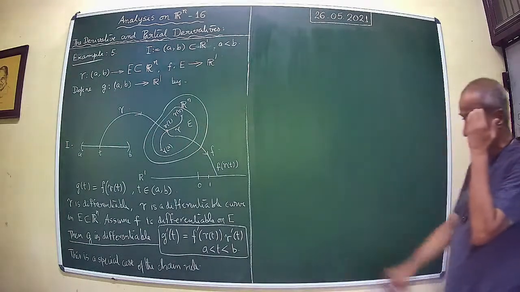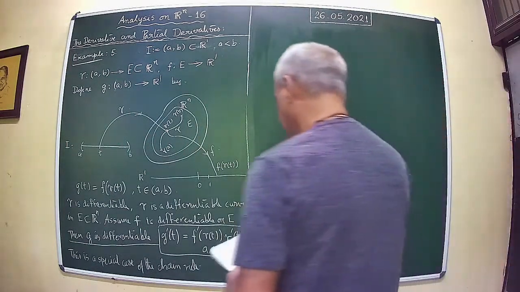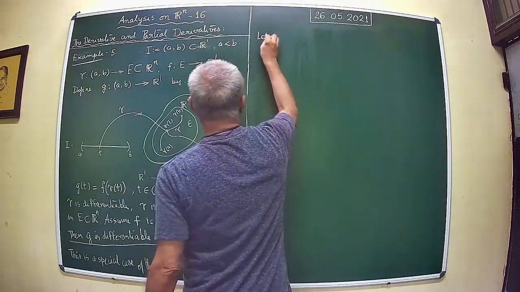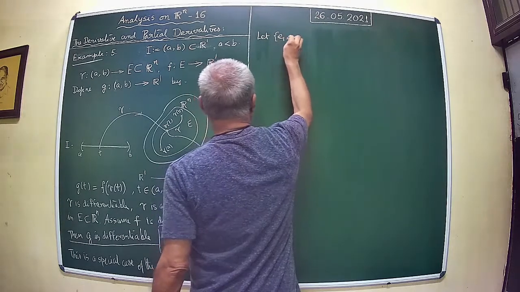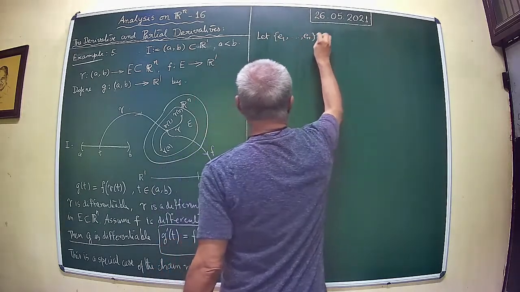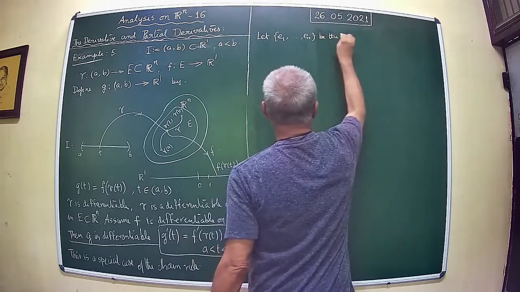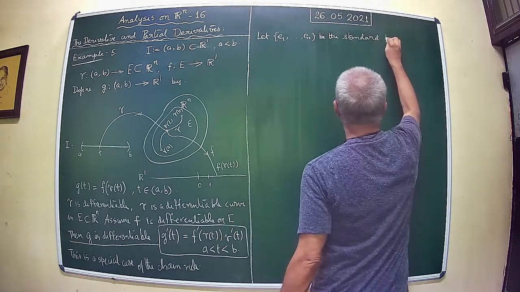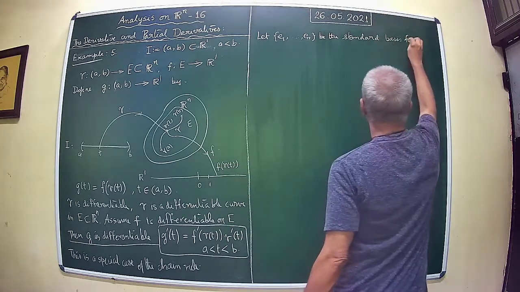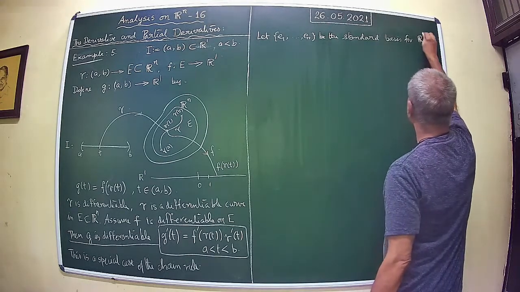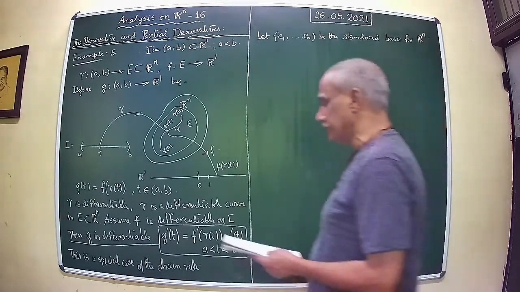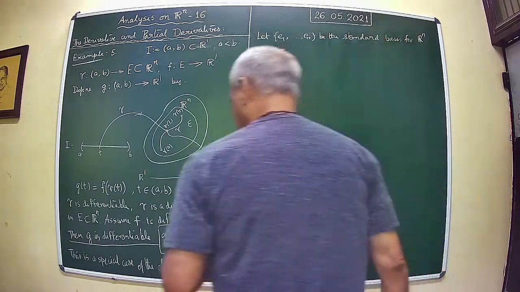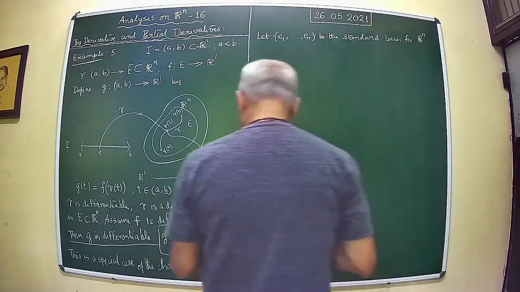Now let us write this in detail. So what you have is the following. We can write this in terms of the partial derivatives, and you take the standard basis for R, which is just 1.